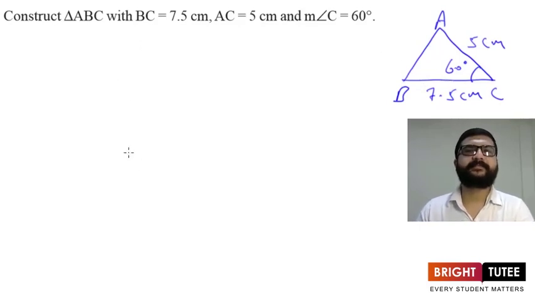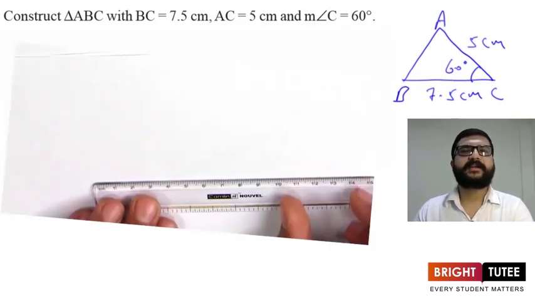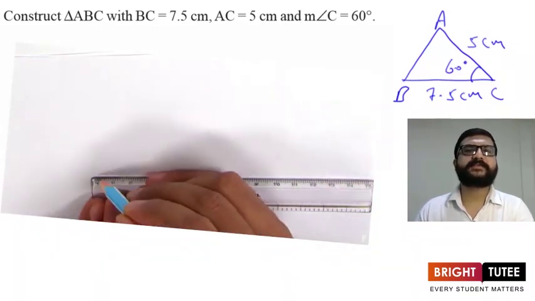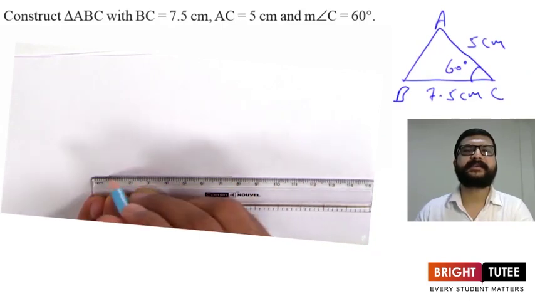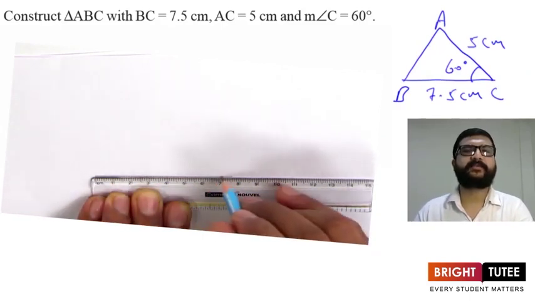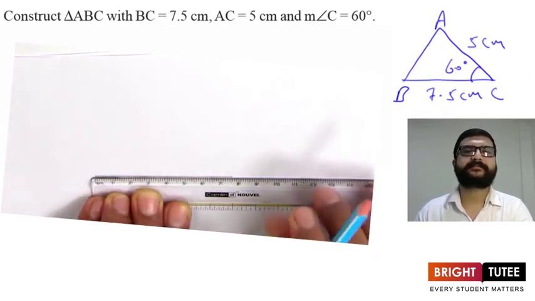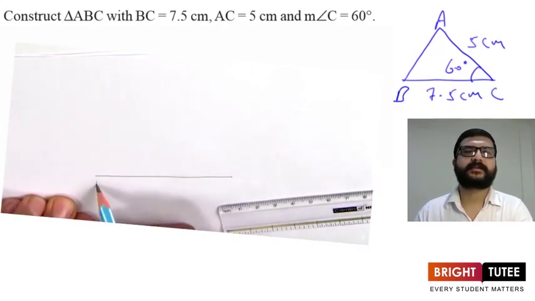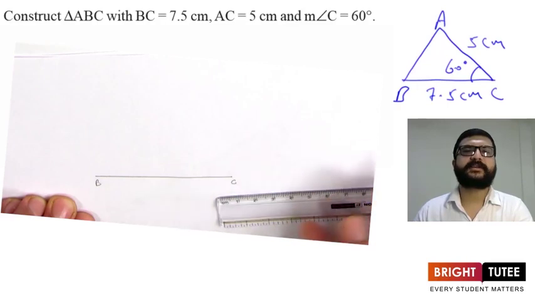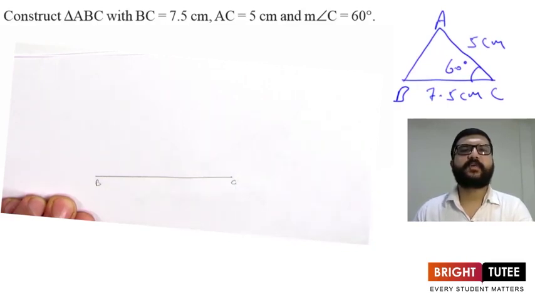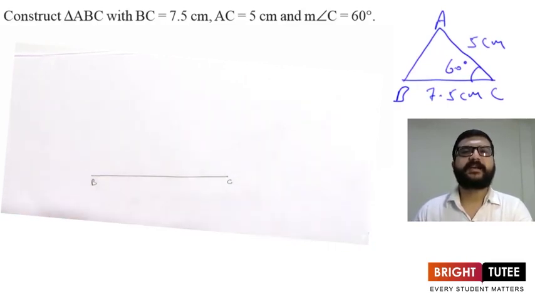So what is the first step? The first step is to draw a line segment BC of 7.5 centimeters. So here is the line segment BC of length 7.5 centimeters. We have to write this in steps of construction also: draw a line segment BC of length 7.5 centimeters.